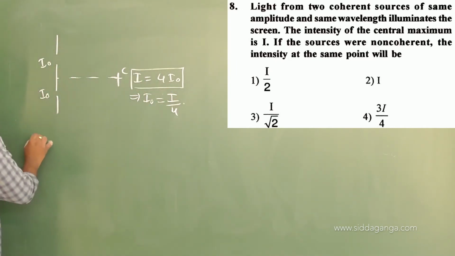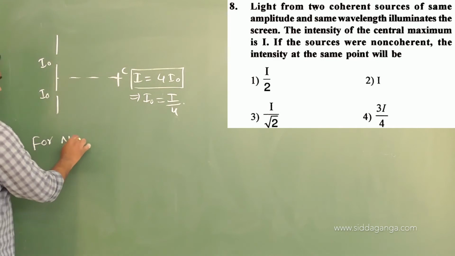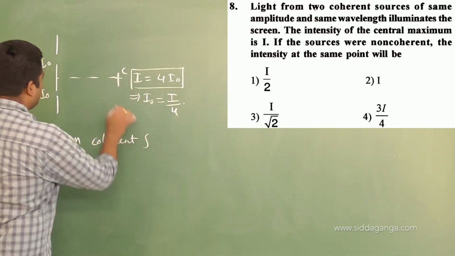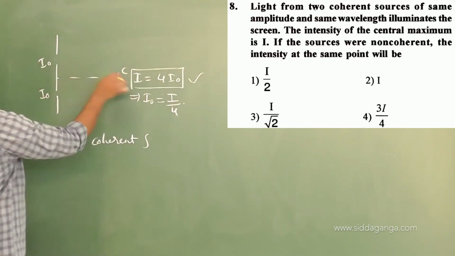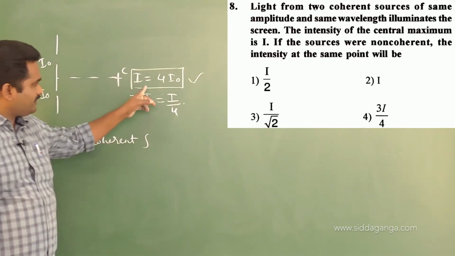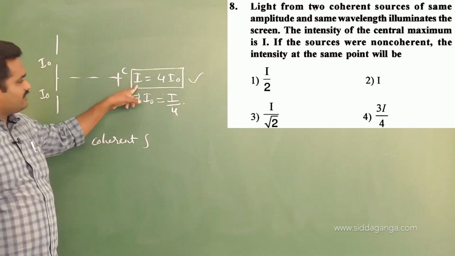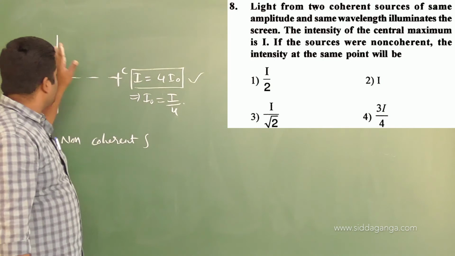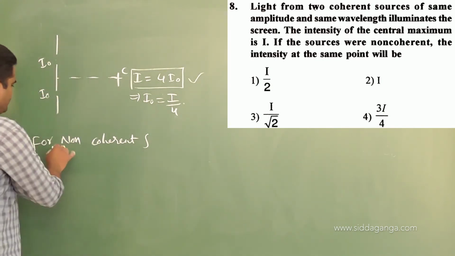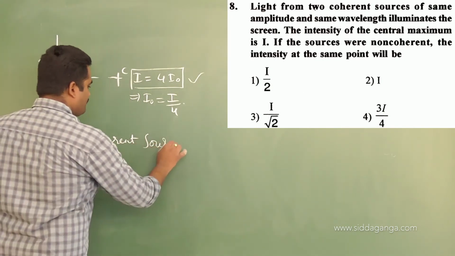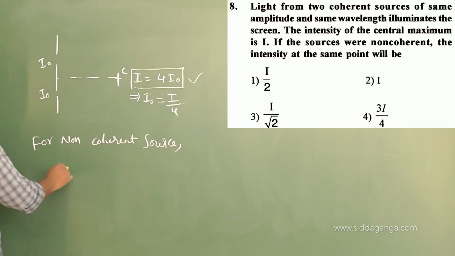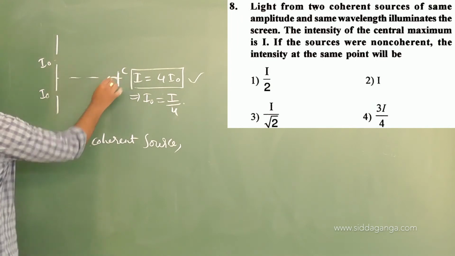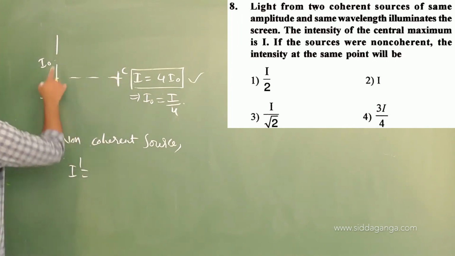Now, for non-coherent sources, 4 I naught is applicable only if interference takes place. If interference should take place, the sources should be coherent. They are saying that for non-coherent sources, interference does not take place, only the resultant intensity at that point becomes the sum of these two.